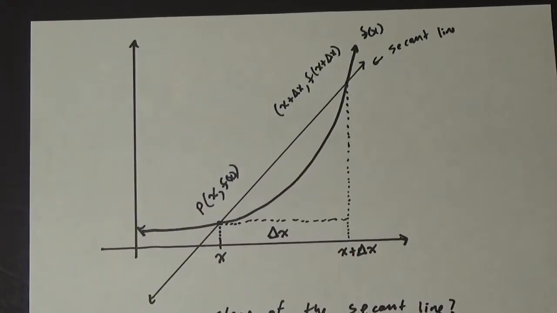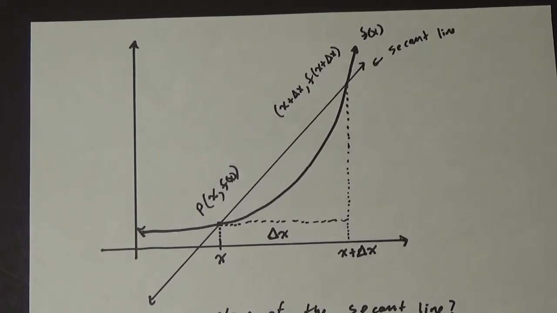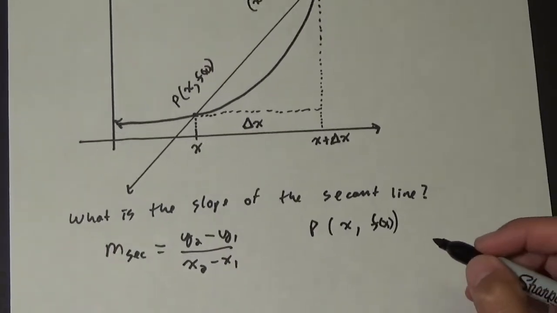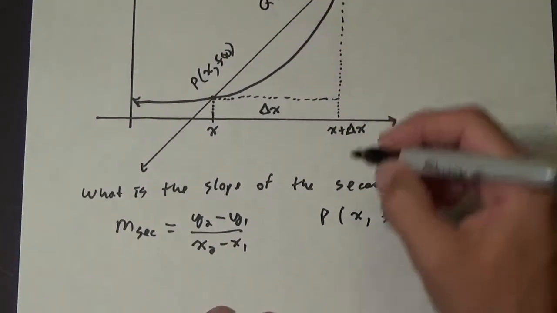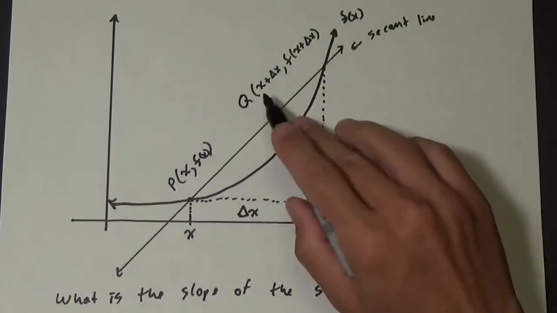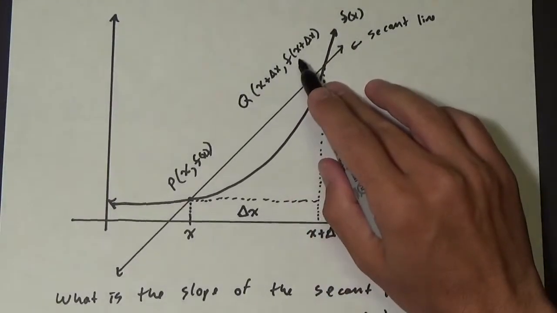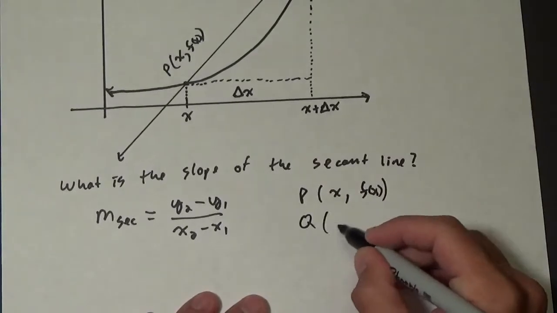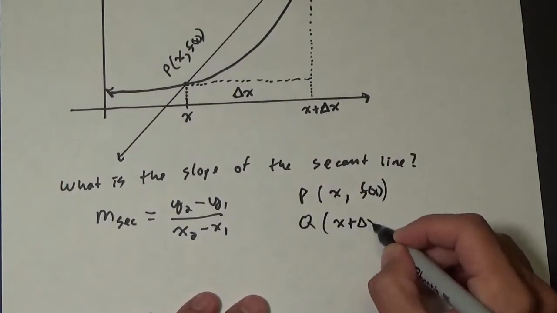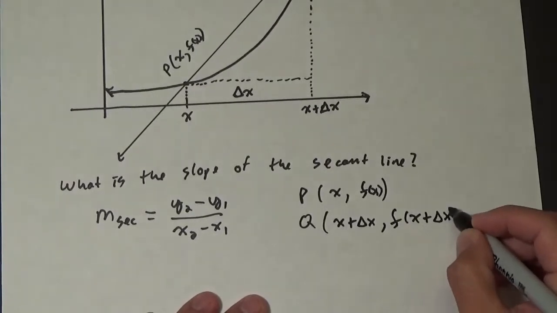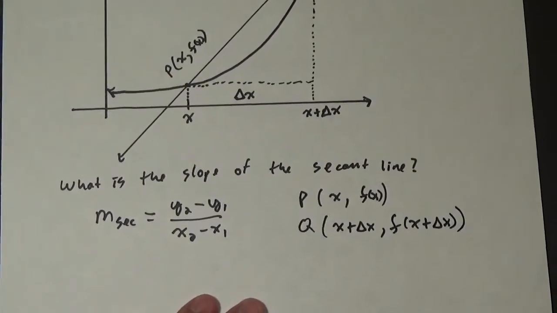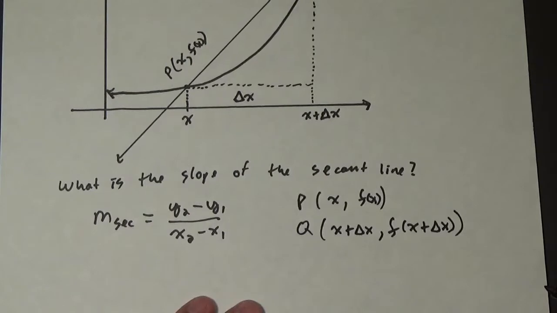We had x, comma, f of x. And then we had point, I'll just call this point Q, which was x plus delta x, f of x plus delta x.